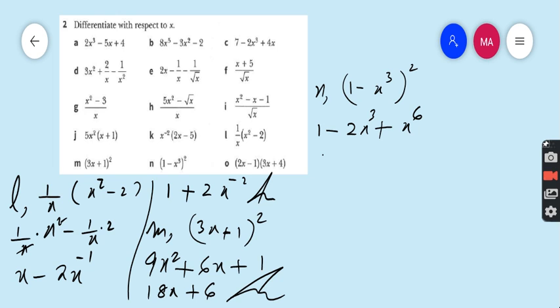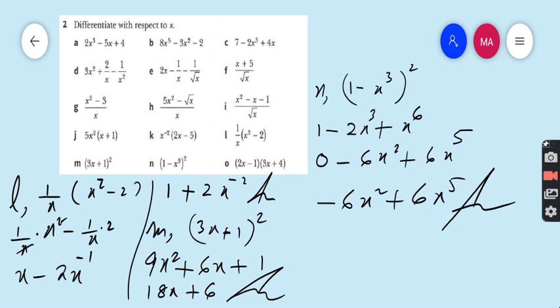Derivative of 1 constant is 0, minus 2 3s are 6, x square, plus 6 power first, subtract 1, 6 minus 1 is 5. So minus 6x square plus 6x to the power 5 is the final answer of part N. Minus 6x square plus 6x to the power 5. Move to the last part, part O.